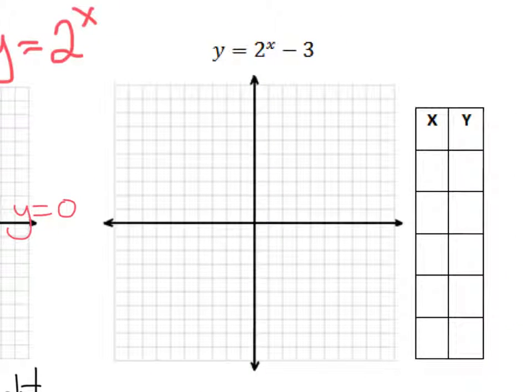And we've got y equals 2 to the x and then minus 3. Notice that minus 3 is not in parentheses, and it's not an exponent. Well, if I look at my original parent function, and I compare the new one, you'll notice the difference is this minus 3. So we're going to see how that affects the graph here.